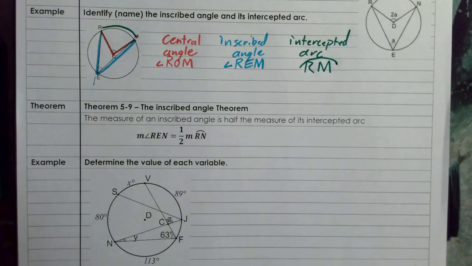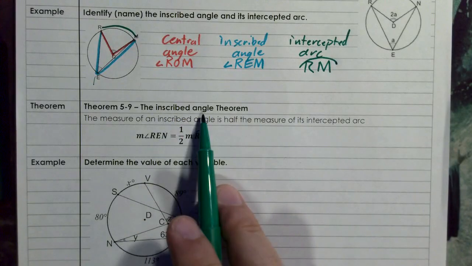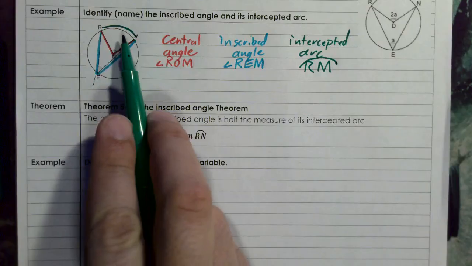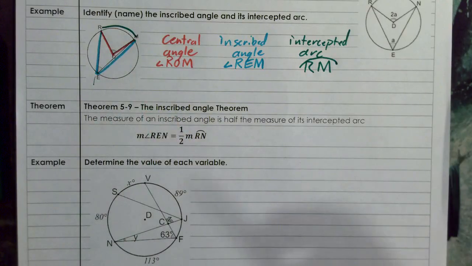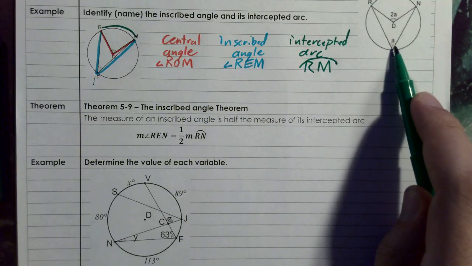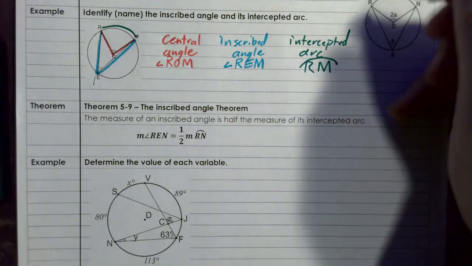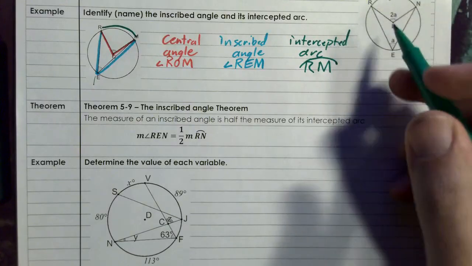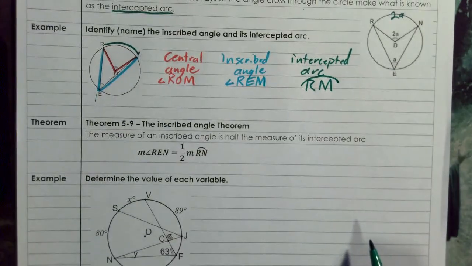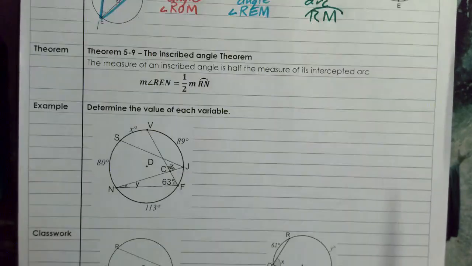Now, what's cool about those is if you have an inscribed angle, that equals half of whatever this arc is. So you can just cut arcs in half, and that's the same as the size of the angle. So right here, if this is A, then this thing out here is 2A, which is the same as the central angle.